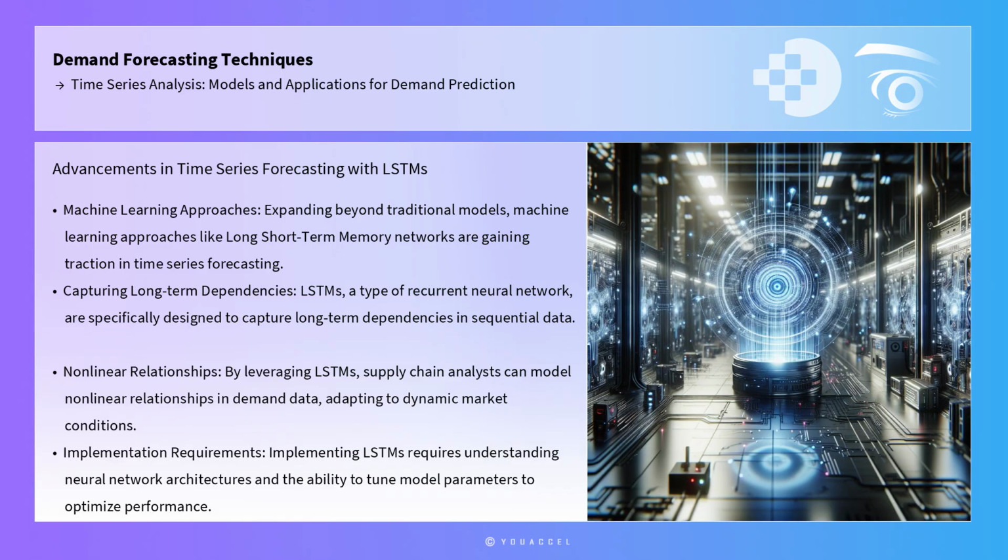By leveraging LSTMs, supply chain analysts can model nonlinear relationships in demand data, yielding forecasts that are adaptive to dynamic market conditions. Implementing LSTMs requires a robust understanding of neural network architectures and the ability to tune model parameters to optimize performance. Libraries such as TensorFlow and Keras provide the necessary infrastructure for building and training LSTM models, enabling analysts to harness the power of deep learning for demand forecasting.